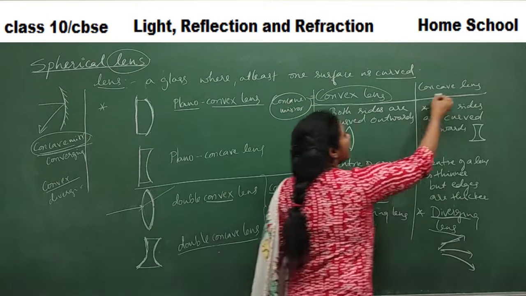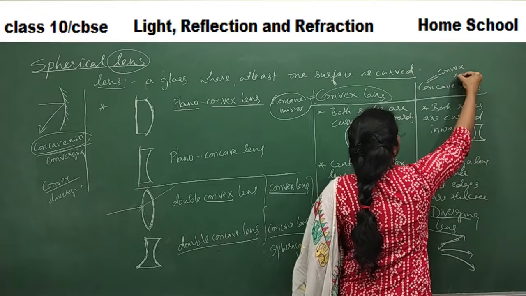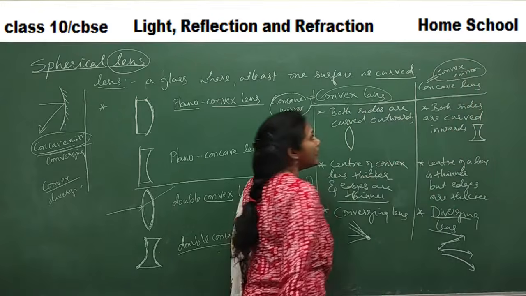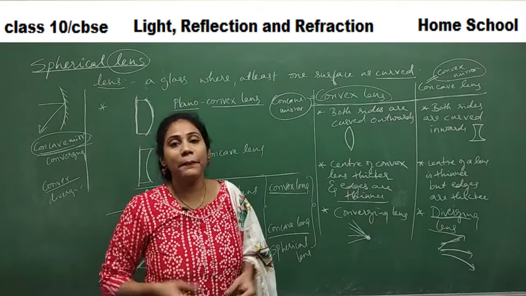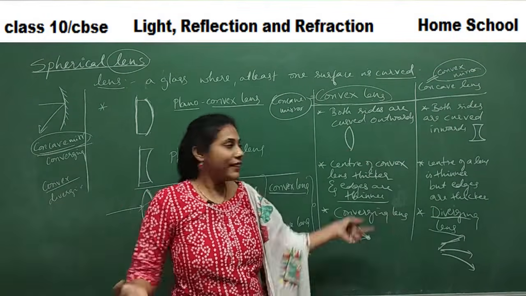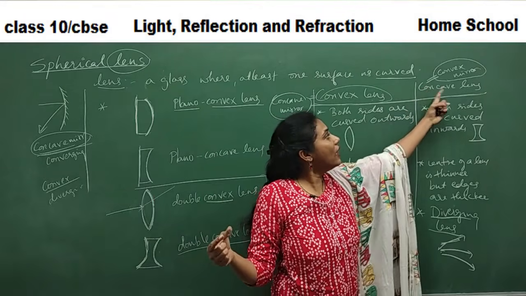Whereas concave lens shows similarity with convex mirror. Opposite, guys. In case of convex mirror, we have seen 2 cases for the image formation, and convex mirror is also a diverging mirror. That's why its nature looks similar to the concave lens.